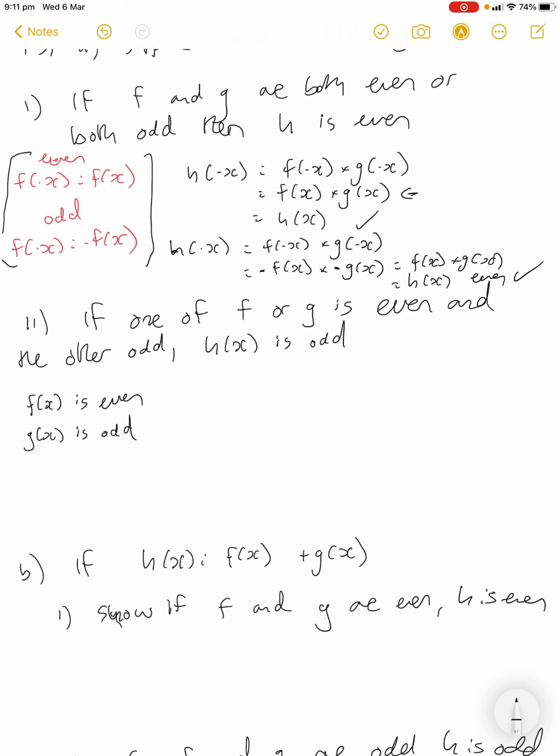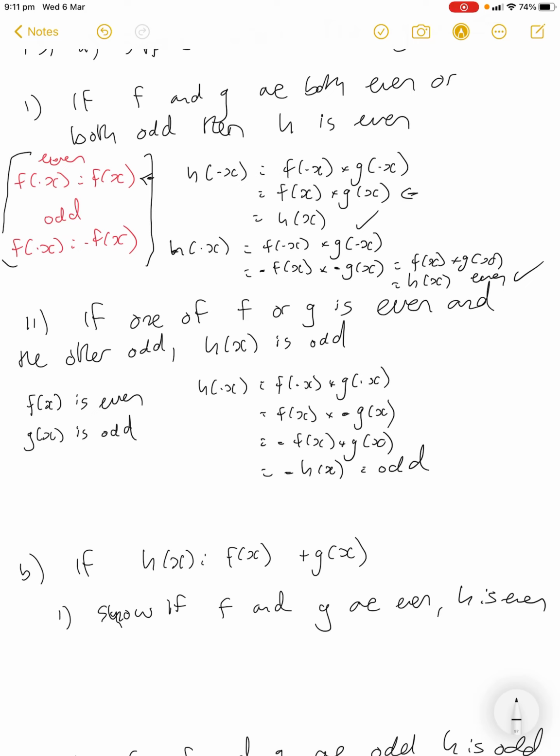So if we're looking at the substitution here, h of negative x equals f of negative x times g of negative x. We know f is even, which means we can use our even property for f, so f of negative x equals f of x. And we can use our odd property for g, so g of negative x equals negative g of x. That gives negative f of x times g of x, which is negative h of x, which is odd.